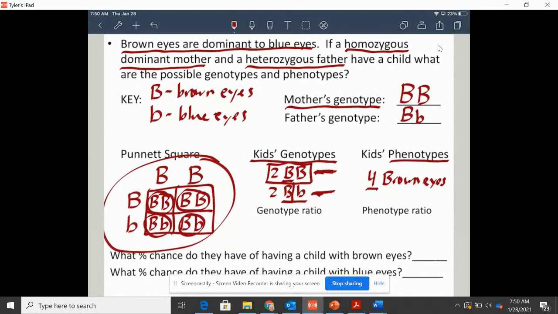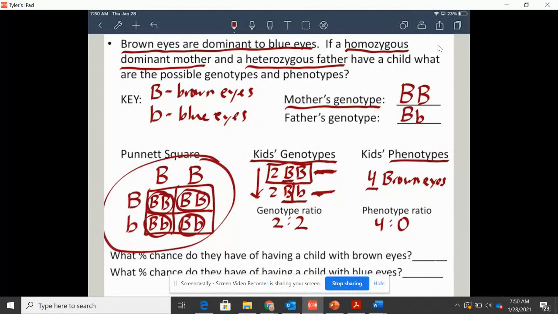My genotype ratio, right? We're going to basically work our way from the top and work down. My ratio is for every 2 with big B, I should get 2 kids with big B, little b, 2 to 2 ratio. My phenotype ratio is how you look, right? For every 4 kids with brown eyes, I should get 0 kids with blue eyes.